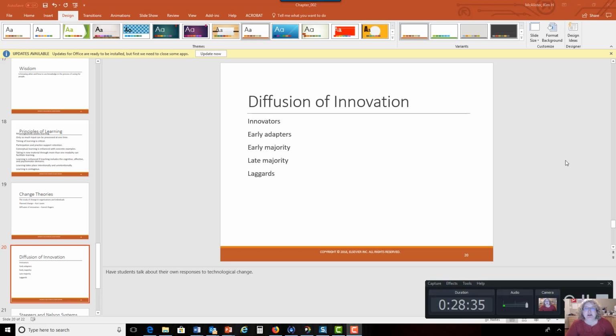All right, so we have the diffusion of innovation, and this is kind of the way that everything plays out within the organization. So you've created this new system and you want everybody to sign on and start using it. The first people who are interested in it are going to be your innovators.